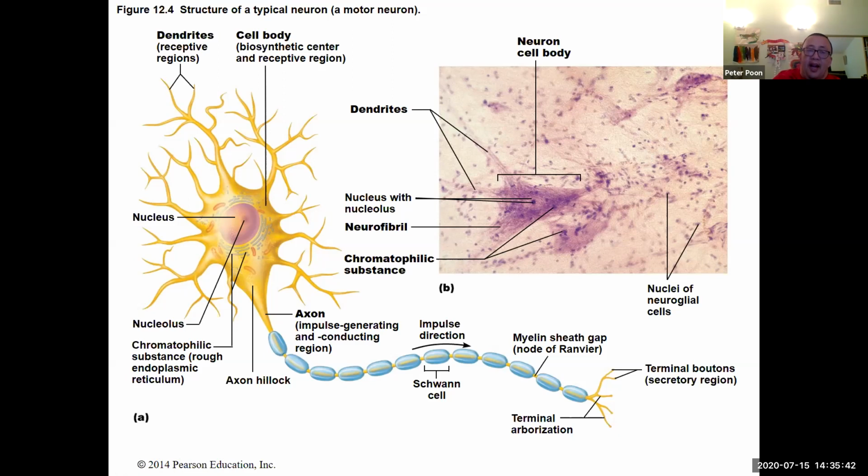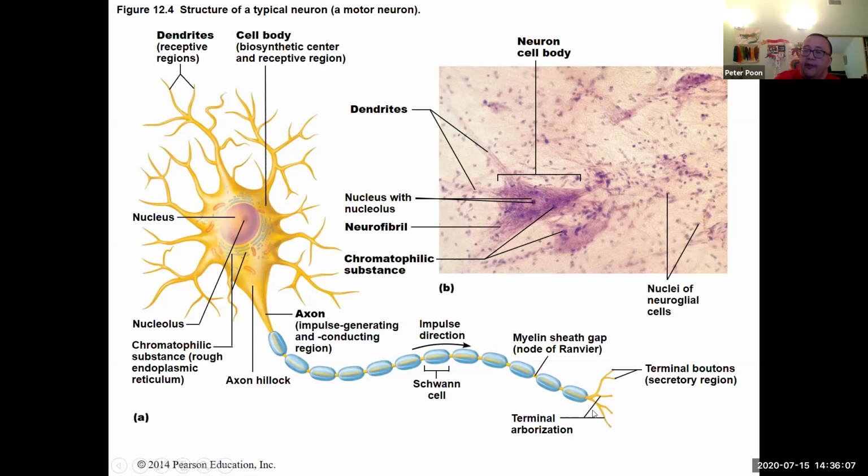The axon is only capable of one thing really, and that is either to fire or not fire. That is an all or none response, which you'll learn about in physio.